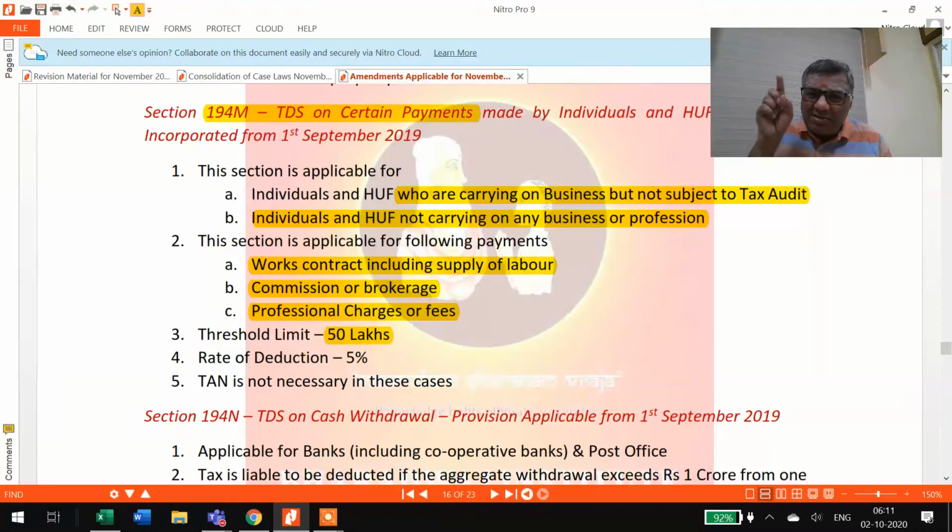I am mainly targeting the construction sector. Okay, that is where I am trying to target them. Threshold limit 50 lakhs, rate of deduction 5%, and there is no necessity that you should get your TAN.